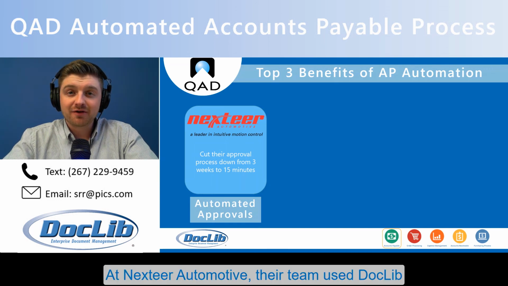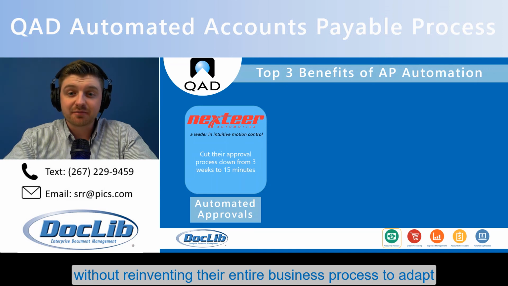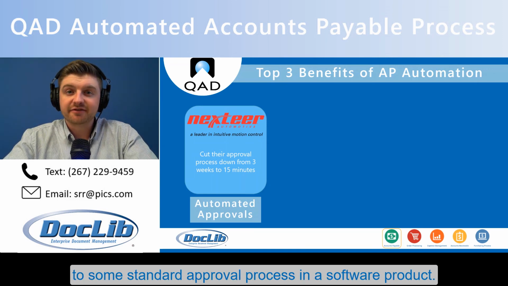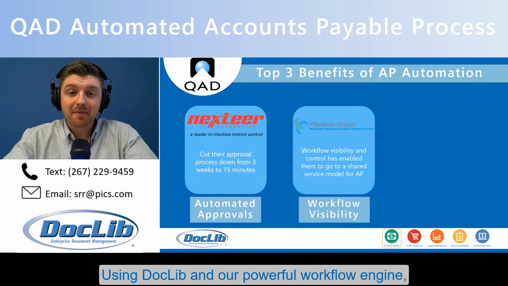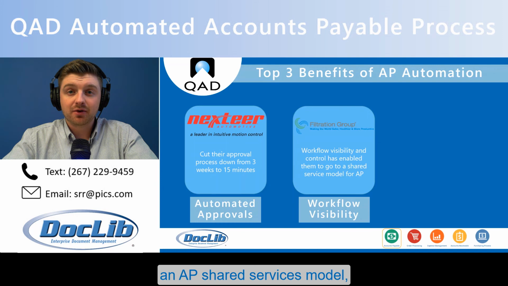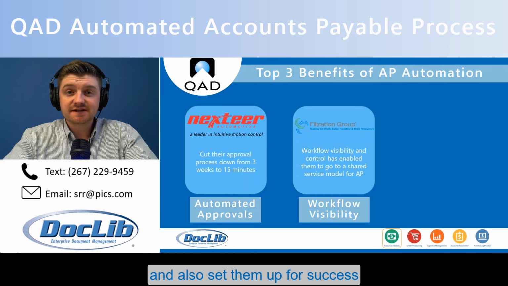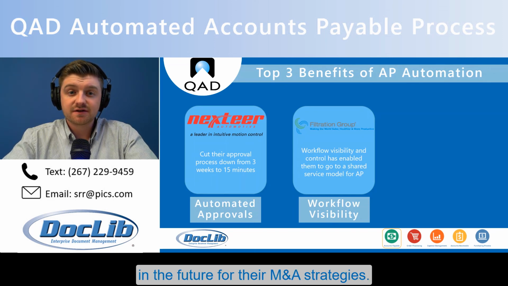At Nexteer Automotive, their team used DocLib to cut their approval time down from 3 weeks to 15 minutes without reinventing their entire business process to adapt to some standard approval process in a software product. Using DocLib and our powerful workflow engine, Filtration Group was able to implement an AP shared services model, which resulted in cost savings across the organization and also set them up for success in the future for their M&A strategies.